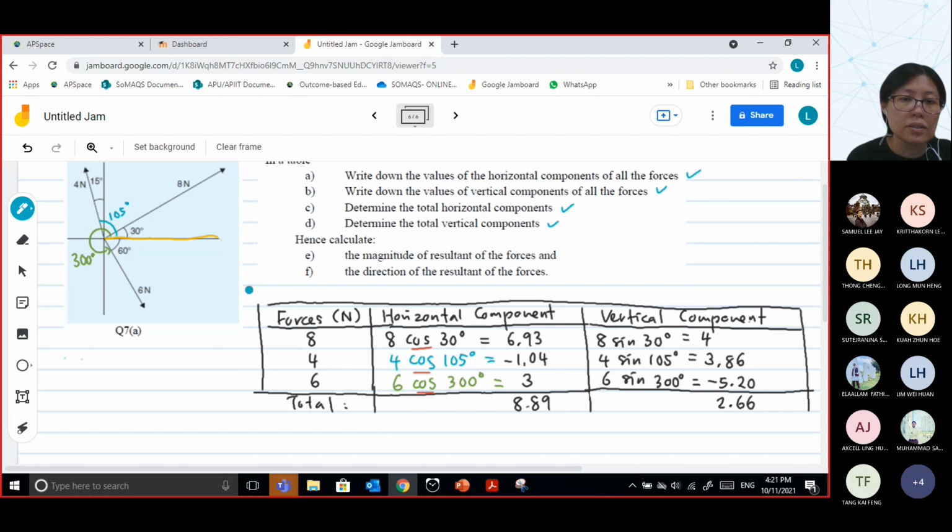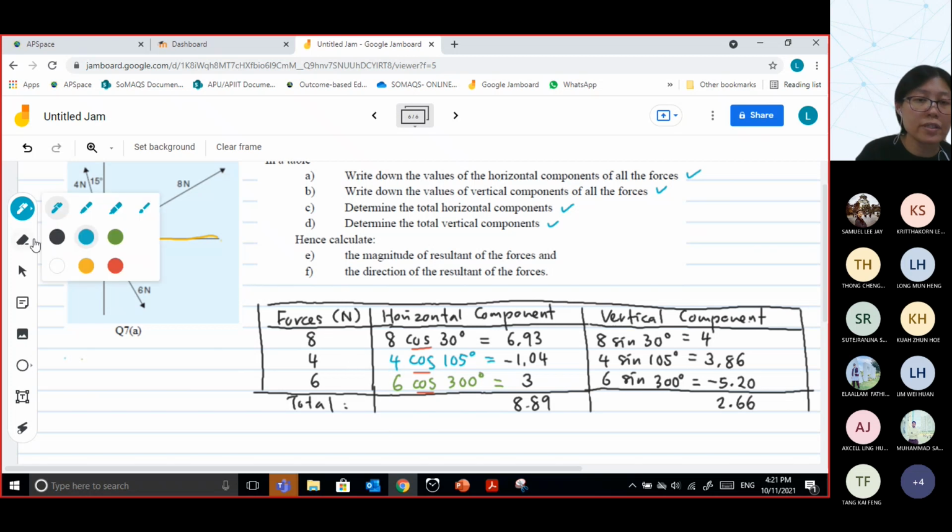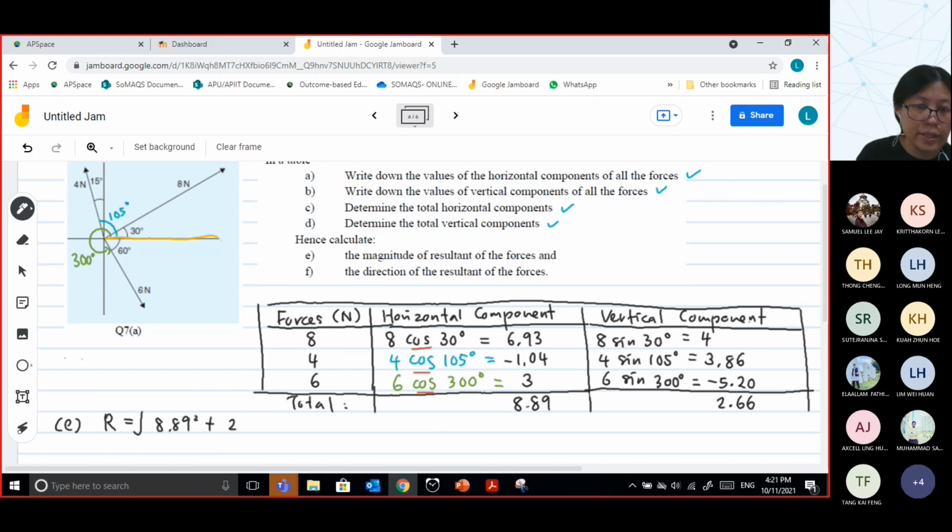So next one, the magnitude of the resultant of the forces, E. So that means R equals the square root of 8.89 squared plus 2.66 squared.